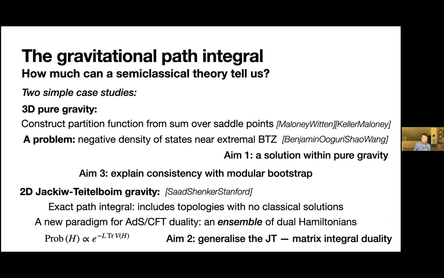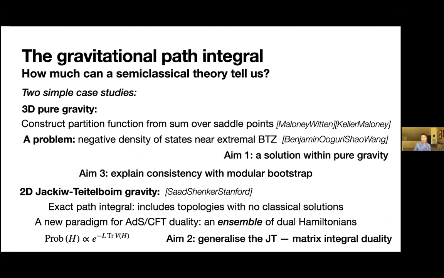And because this is the Bootstrap seminar, one of the arguments given for this negativity was something rather general, involving just modular invariance. And that argument was suggestive, but not completely rigorous.